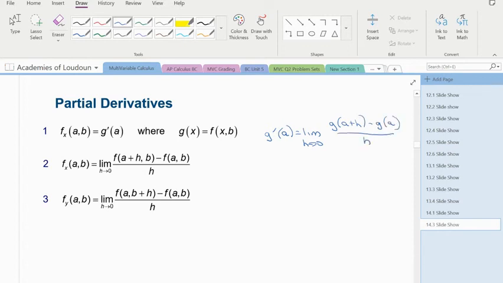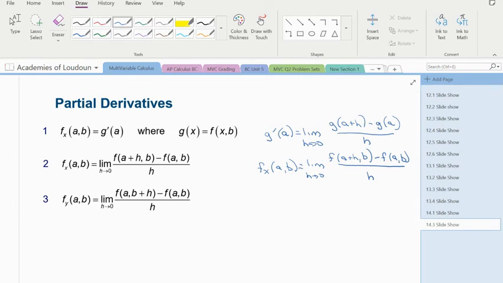And so equation 1 then becomes f sub x of a and b is equal to the limit as h goes to 0 of f of a plus h, b minus f of a, b all over h, which gives us then equation 2.